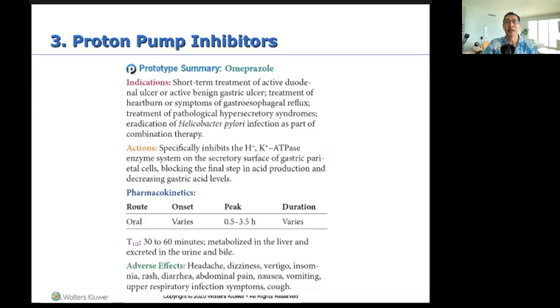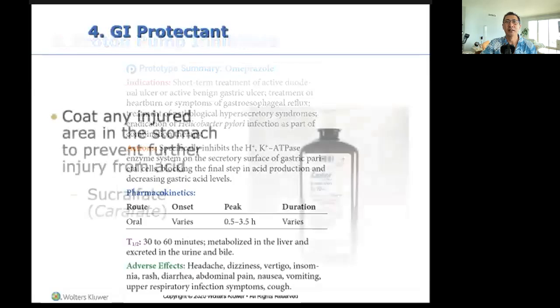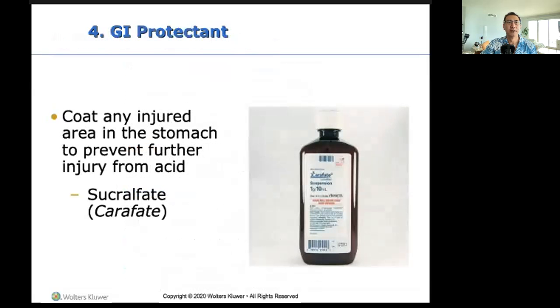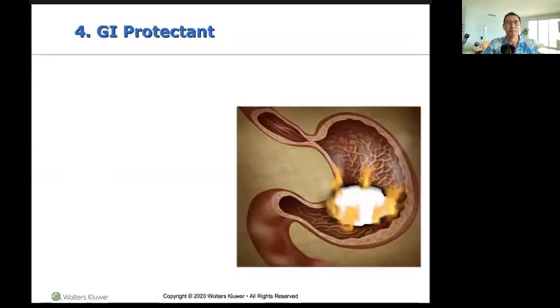Next, let's talk about GI protectants. They coat any injured area of the stomach to prevent further injury from acid. It is given to treat and prevent both stomach ulcers and duodenal ulcers in the small intestine. Sucralfate, Carafate, forms a thick layer covering that overly exaggerated hole in the stomach.